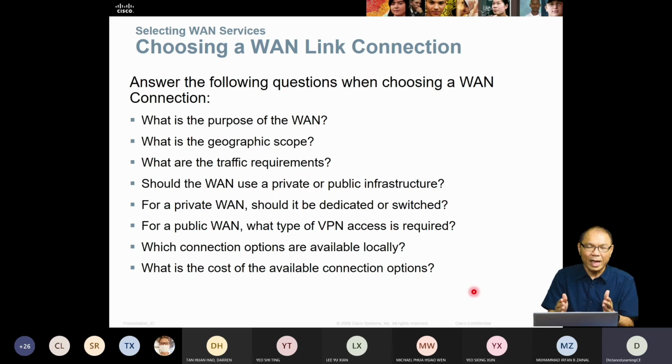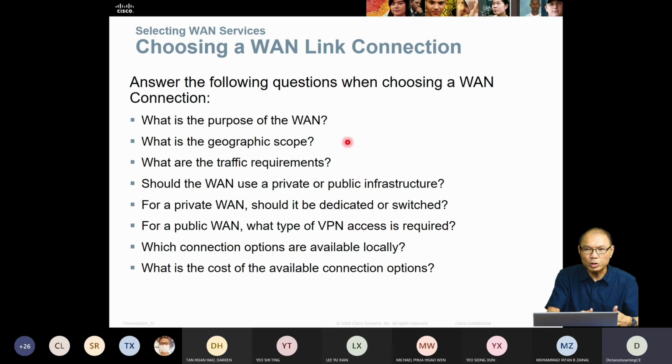And then you have to ask yourself the next question. Where is the connection that you want to connect to? What is the geographical scope? The geographical scope will make a difference, right? If you want to connect to the US, then you must know that maybe the fiber connection has a bottleneck, and you may want a faster speed network. If you're only connected within Singapore, or Singapore to Malaysia and so on, then maybe you do not need high speed.